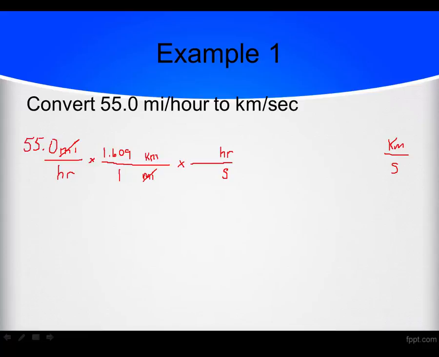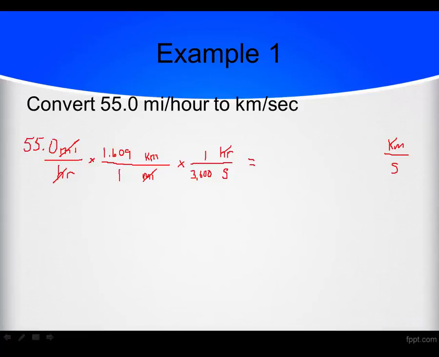There's 60 seconds in a minute and 60 minutes in an hour, right? 60 times 60 is 3,600. So there's 3,600 seconds in 1 hour. So the hours and the hours cancel, and I wind up with units of kilometers on top and seconds on the bottom. So the math we wind up doing is 55 times 1.609 divided by 3,600.